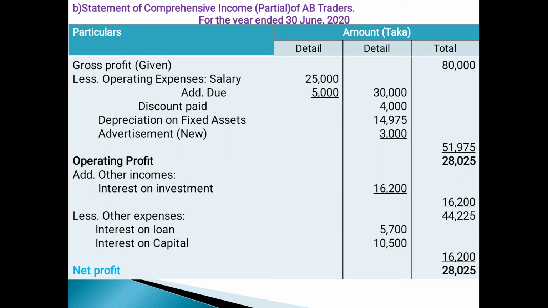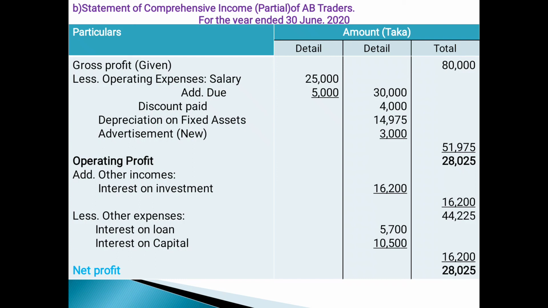Advertisement, that is goods distribution to customer free of cost, Taka 3,000 is written in the middle column. At this moment, total of operating expenses is Taka 51,975. So now operating profit: 80,000 minus 51,975. That is the amount of operating profit, Taka 28,025.